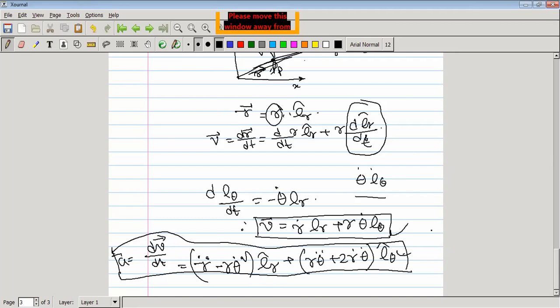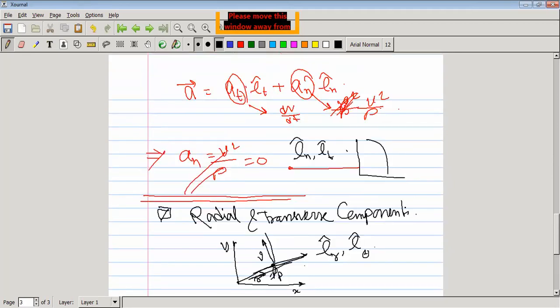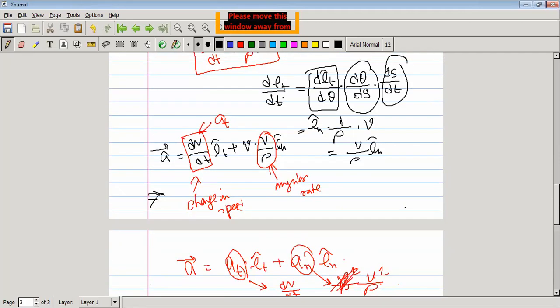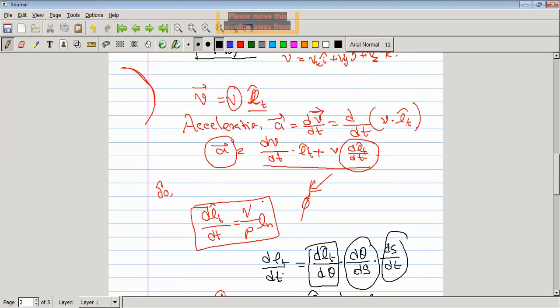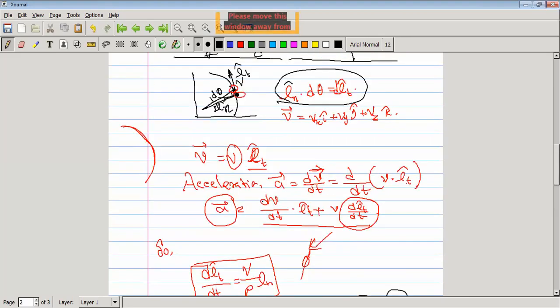These two formulas you have to remember, and similarly here you have to remember dv by dt of the et component and v by rho, the angular rate, and det by dt is equal to v by rho of en. This you have to remember.